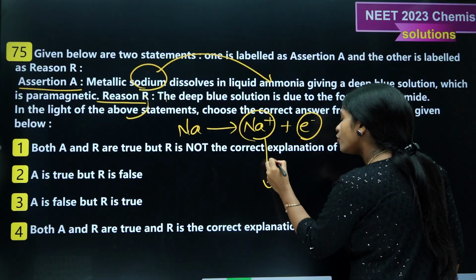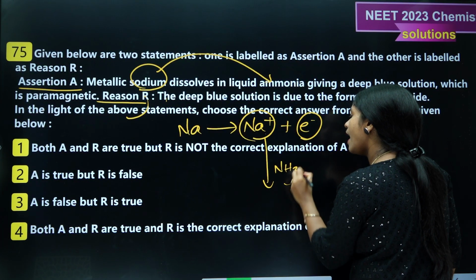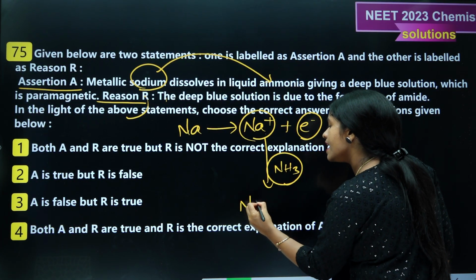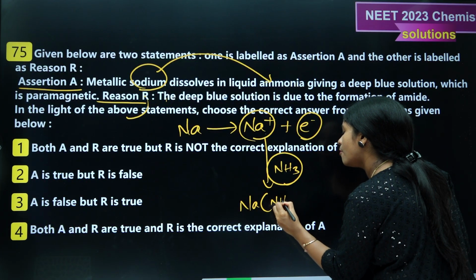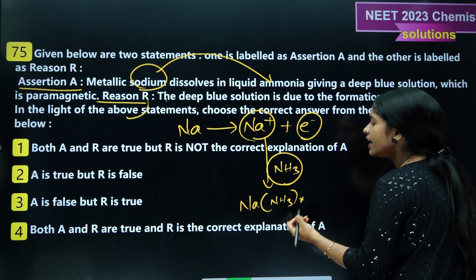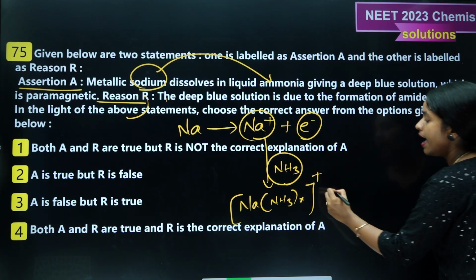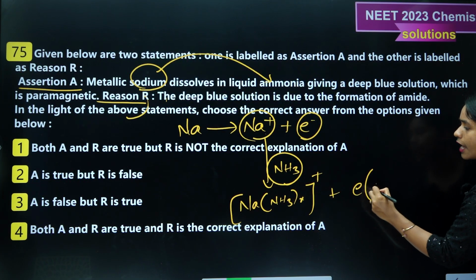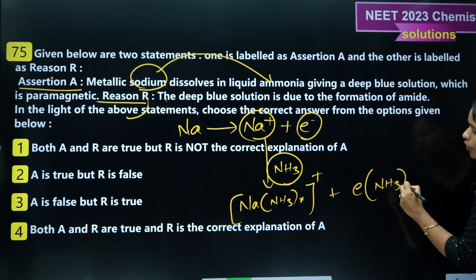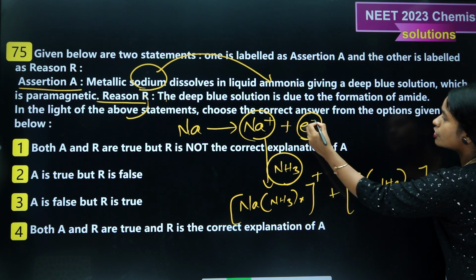Now if you keep it in ammonia, this Na plus is surrounded by ammonia molecules, let us say X ammonia molecules. What is the charge on Na plus? 1. And this electron is also surrounded by Y ammonia molecules, and what is the charge on the electron?